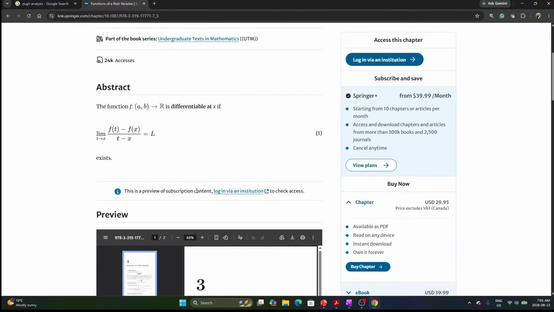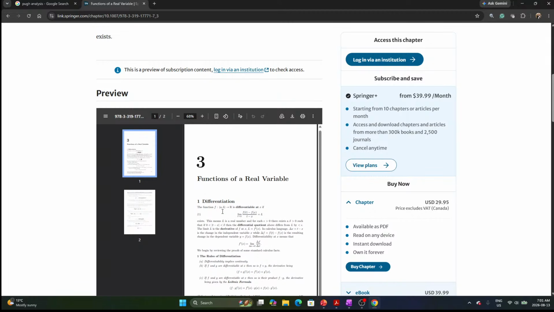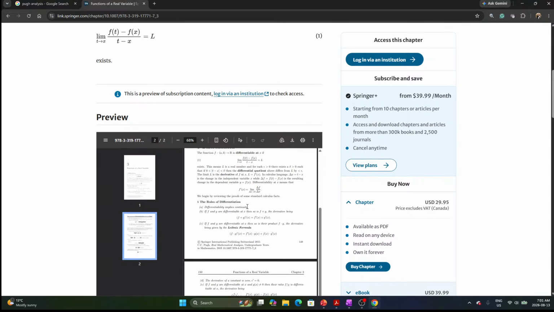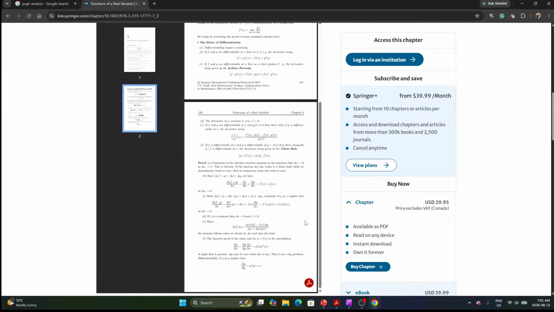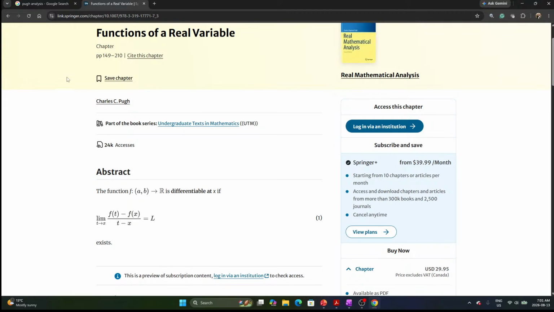Oh, okay, differentiability is in here. What about continuity? So continuity is in topology? Anyway, it feels rather similar to Rudin's arrangement. I'll take a look, and I think I'll enjoy this one.